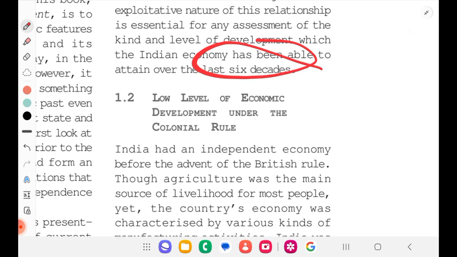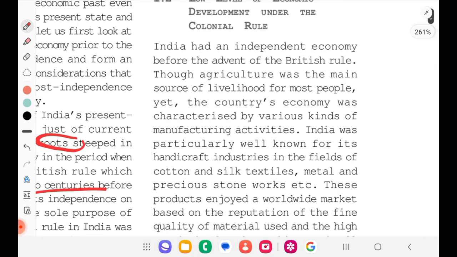Low level of economic development under the colonial rule. India had an independent economy before the advent of British rule. Though agriculture was the main source of livelihood for most people, the country's economy was characterized by various kinds of manufacturing activities.